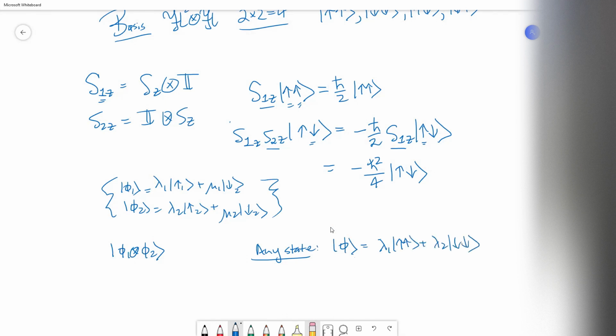So this is certainly true. But we'll see that even though these 4 guys form a basis for our Hilbert space, it's not the case that any composite state of the 2 spin 1/2 can be written like this, where it's a tensor product between 2 kets.